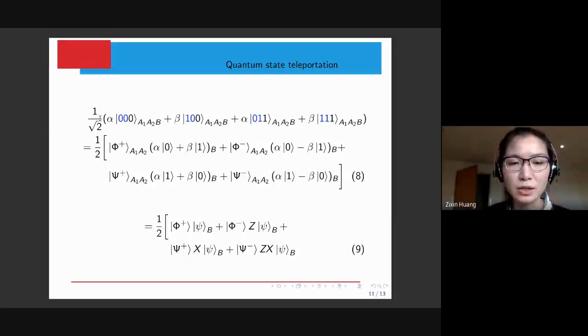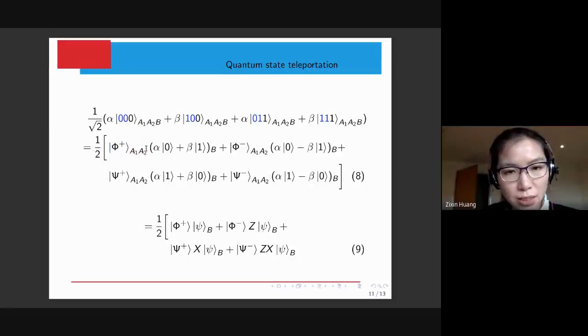This is just the initial tensor state between the state that Alice wants to teleport, so the alpha |0> plus beta |1>, and the maximally entangled state that's shared between her and Bob. But now that we've rewritten it in this form, we can see that there is a psi plus here in front of the alpha |0> plus beta |1>.